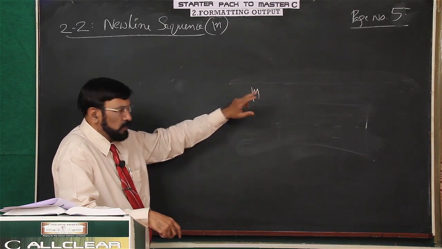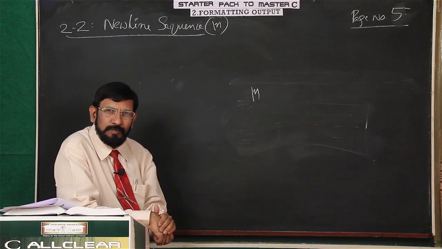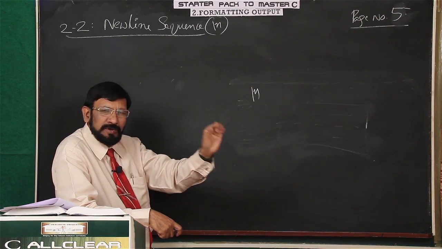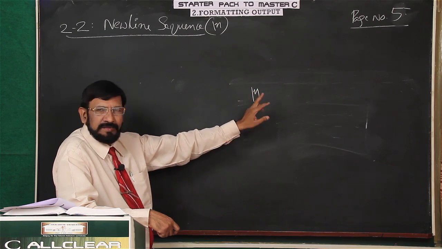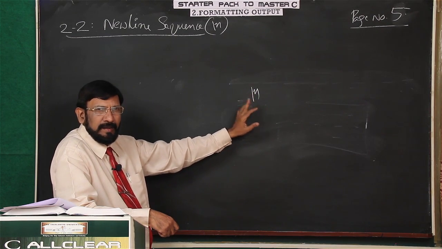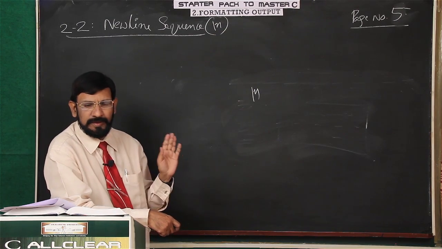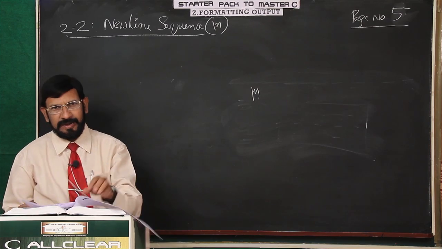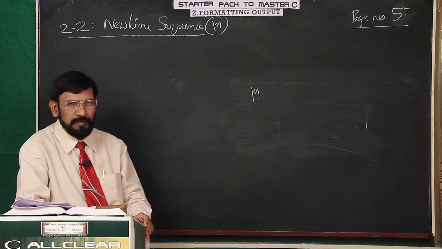Wherever you write a newline, the line is broken into two. The newline sequence moves the cursor to the first position of the immediately next line. So you can understand it is a line breaker. Using this only we can break data, because printf by itself cannot break its data. By using the newline sequence only we can break data and format things.